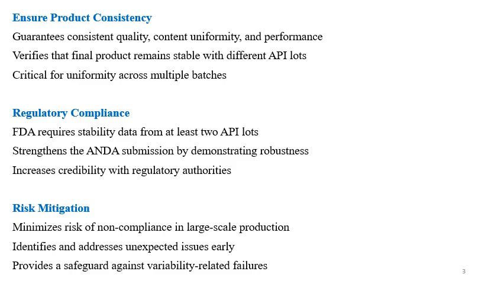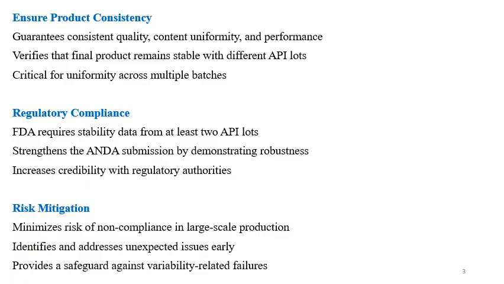It is critical for uniformity across multiple batches, because whenever the product goes into the commercial phase, different API lots will be used. Generally, 3 exhibit batches are required to be manufactured. So the first batch with the first API, second batch with the second API, and for the third batch you can use a mixture of 2 API lots.